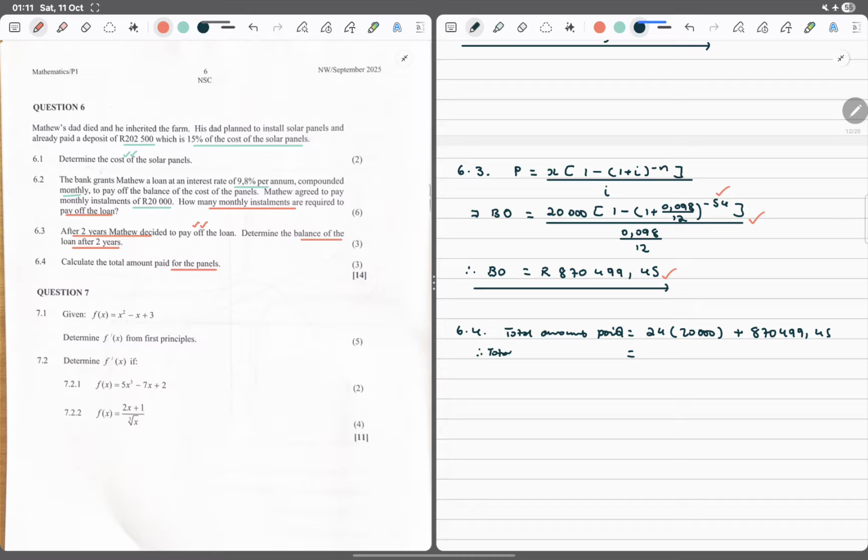Okay, therefore the total amount paid. Remember, this is money, the symbols must be right. So just take that and say plus 24 into 20,000. So this one is 1,350,499 rands 45 cents.